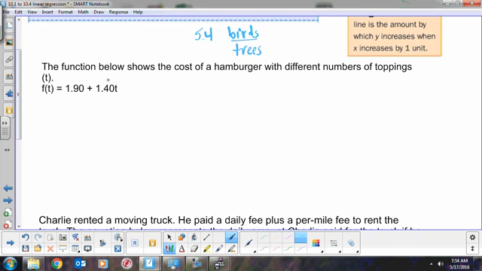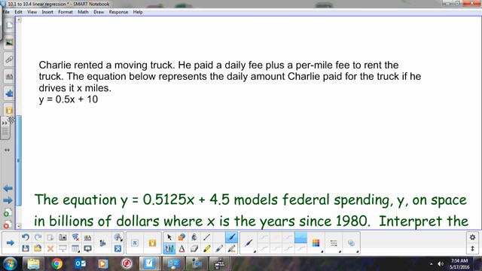Here, t is toppings, and this is going to be dollars. So for each additional topping, the price of a burger goes up $1.40. Okay, so x is in miles, y is what?